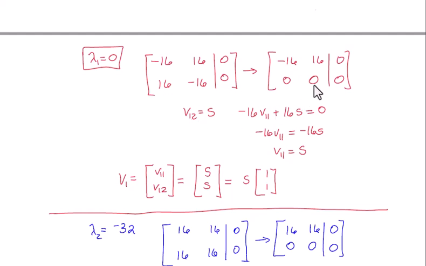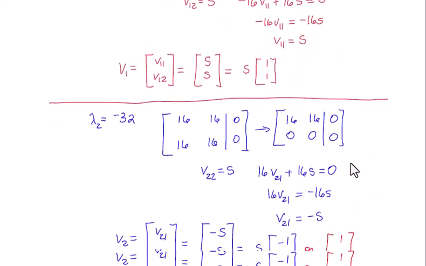So V12 from this row is a variable S. If I plug that in now and expand the top row, I've got a minus 16 V11 plus 16S is 0. And when I isolate V11, I get S. So my eigenvector for this eigenvalue is V11, V12, but both of these are S, and if you factor the S out, you get 1, 1 as the eigenvector for this eigenvalue.